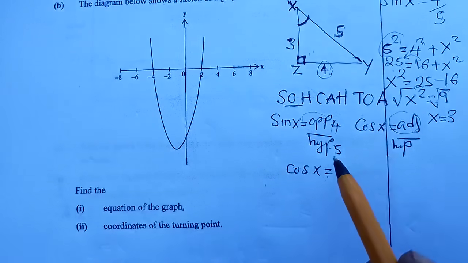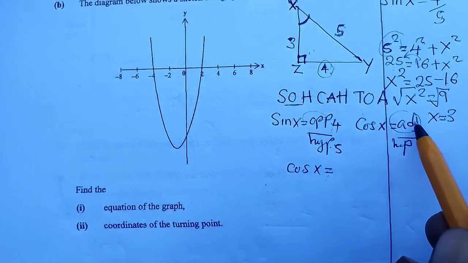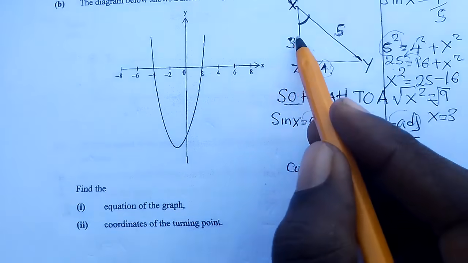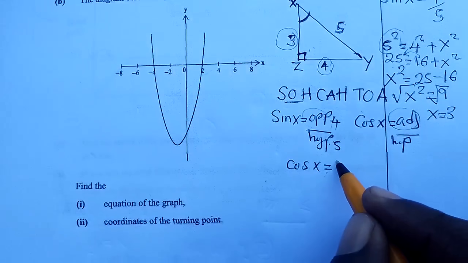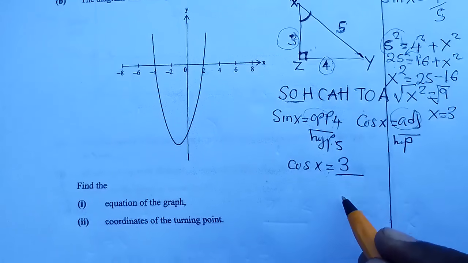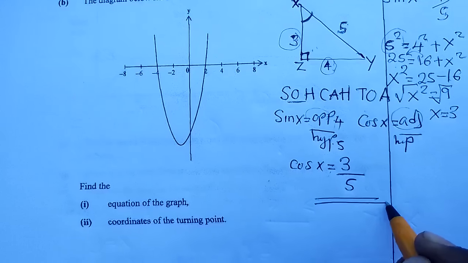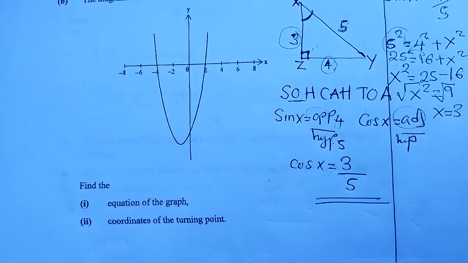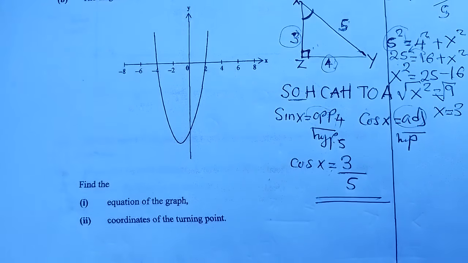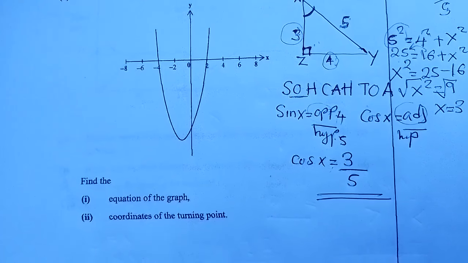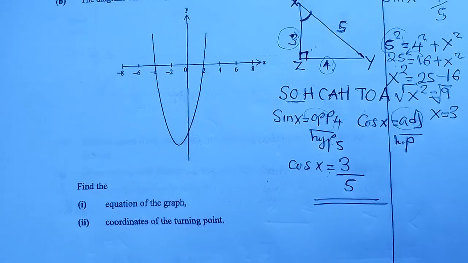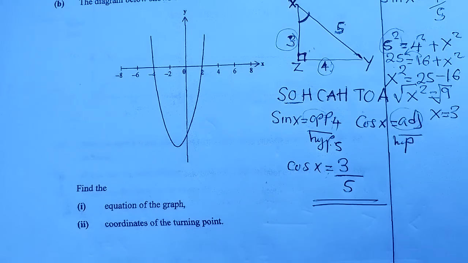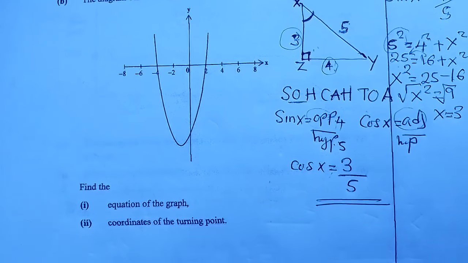So cos X, adjacent is here, adjacent is 3, hypotenuse 5. So this is cos X, 3 over 5. It's falling under SOHCAHTOA, so you need to know what SOHCAHTOA is. These are the procedures that we do. Then I move to this question.